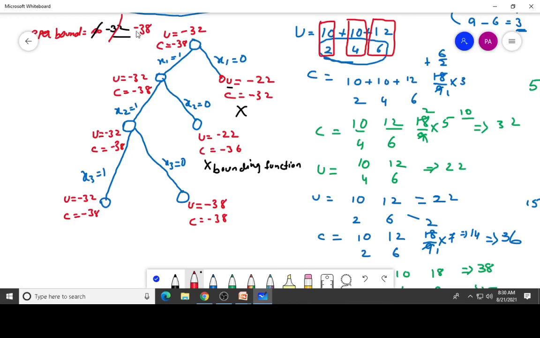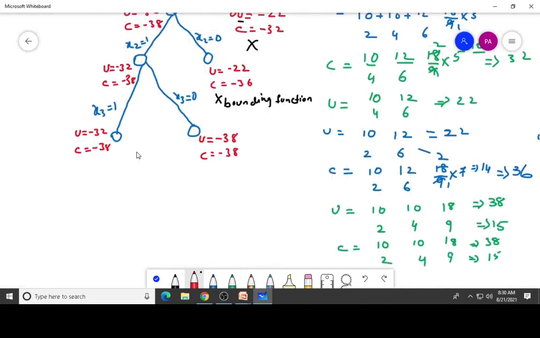We are solving the minimization problem. Now if I go further here, if I include x4, I cannot add here.